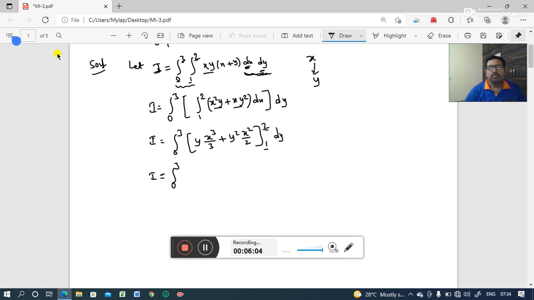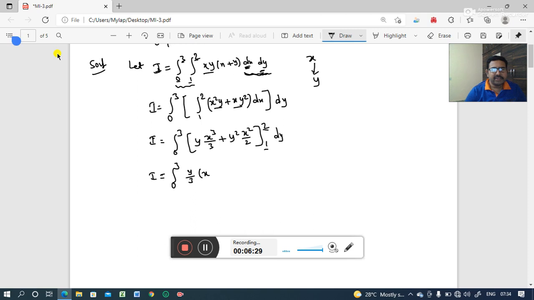While substituting upper and lower limits, you use one simple trick. Because we are using the x limits, whatever constant terms we have, you keep aside. For example, here your first term contains y by 3. So y by 3 is constant. So you keep it outside.